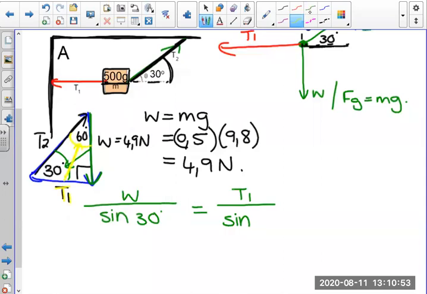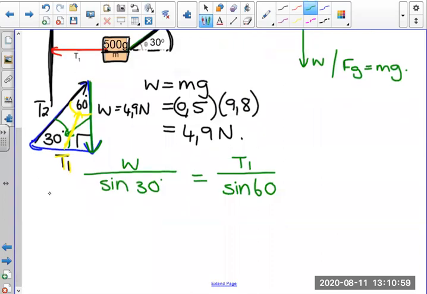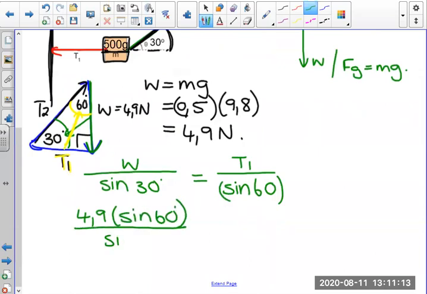So I'm going to put in here 60. When I work it out, I can go and substitute in. I have the weight, which is 4,9. This one divides, so I'm going to take it to the top. So times sine 60, and then over sine 30. And that will give me T1.